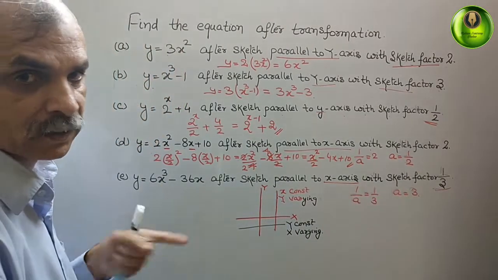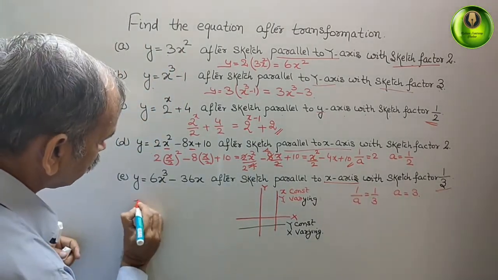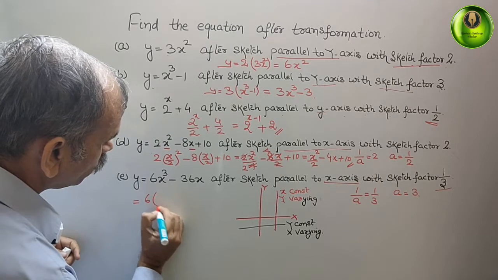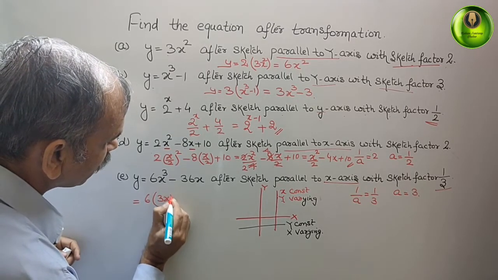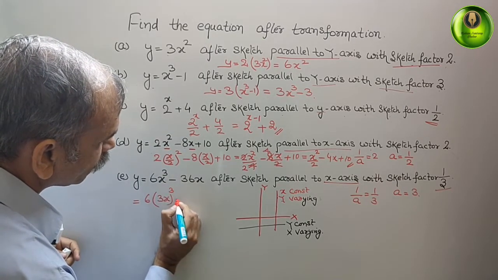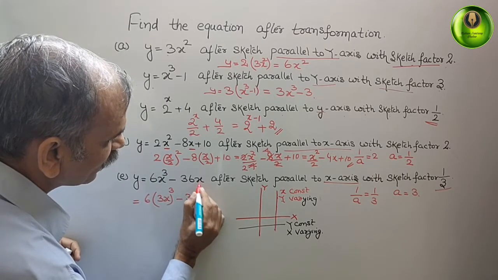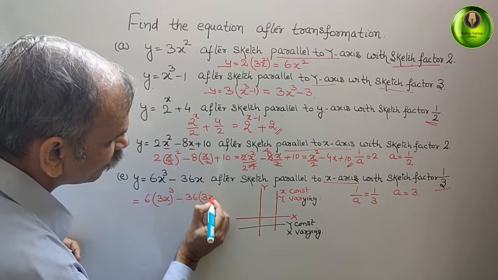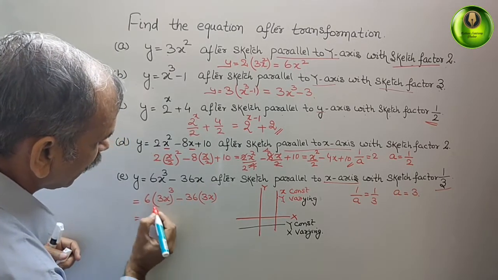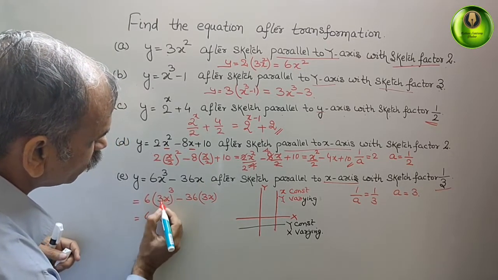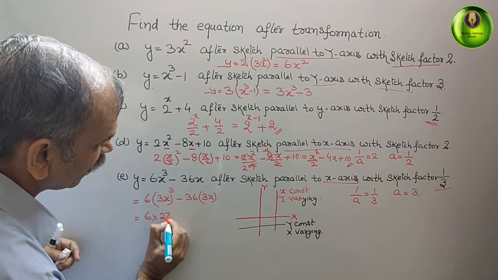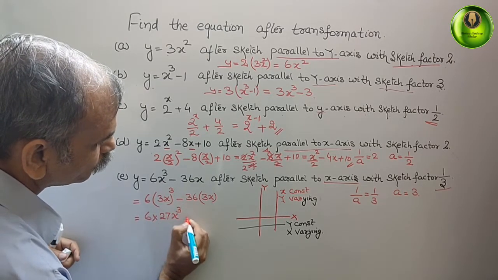3 and x. So here what you will get, see this? 6 into 3x whole cube, minus 36 into x is 3x. Therefore, what you will get? 6 into 3 cube is 27 x cube.